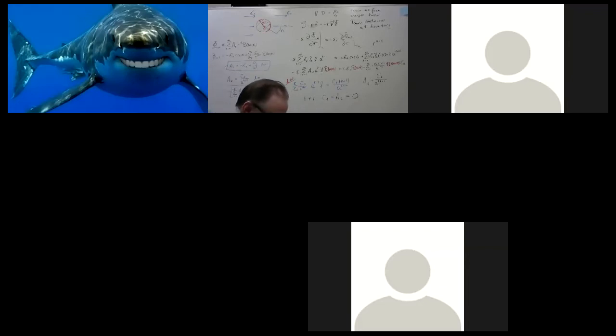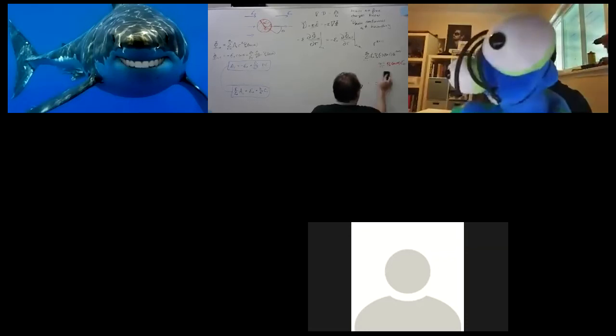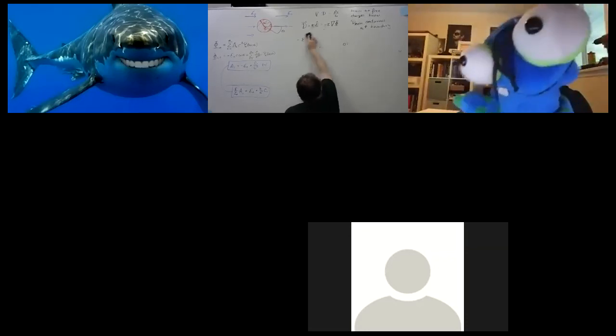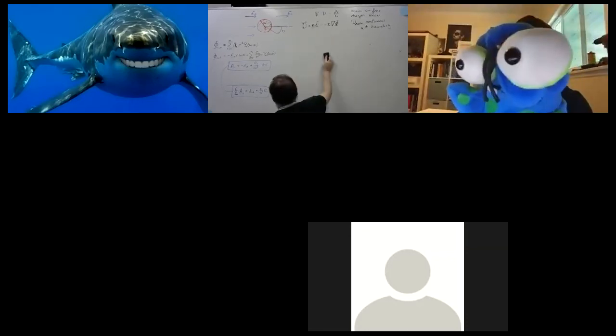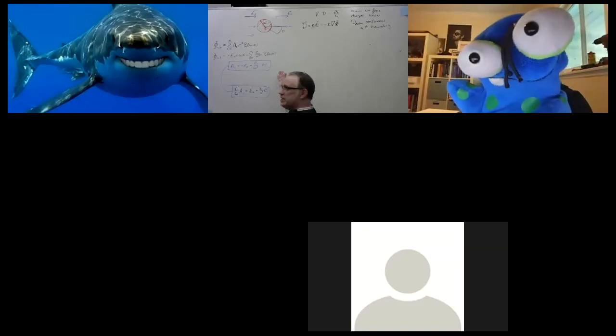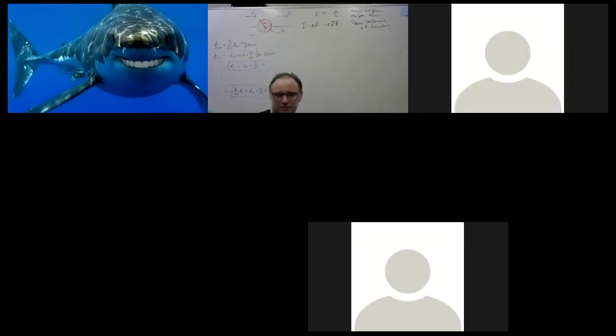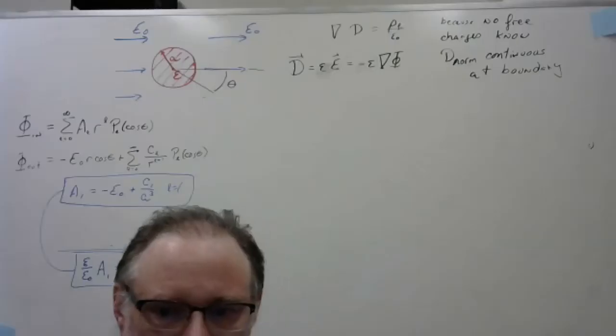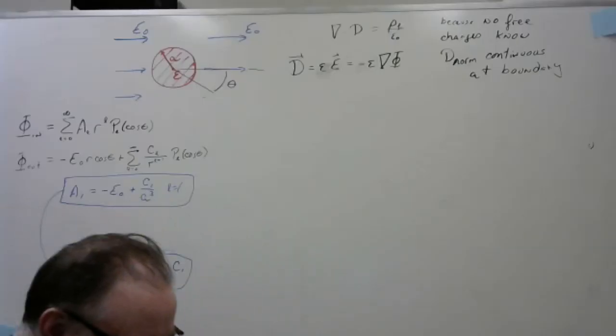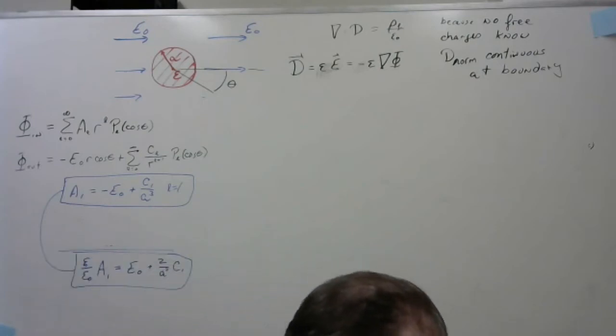All right, so we don't need any of this. The rest of it is some fun you can do on your own, to get the following numbers for A1 and C1.